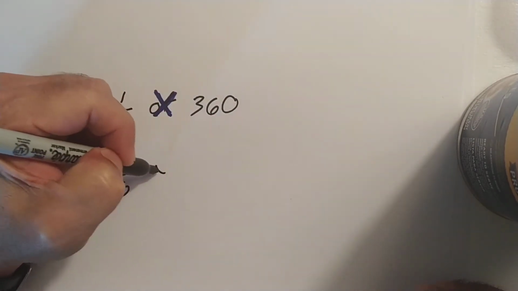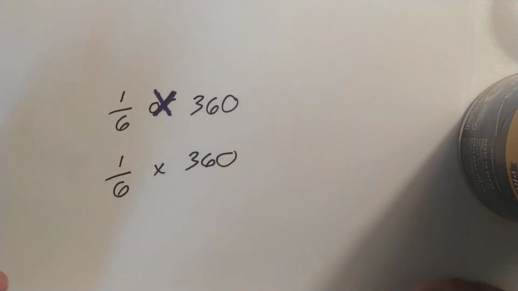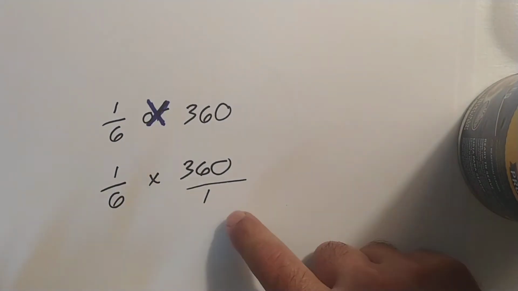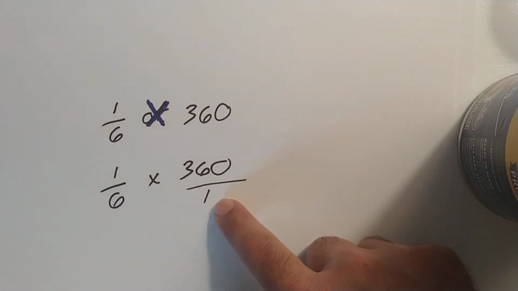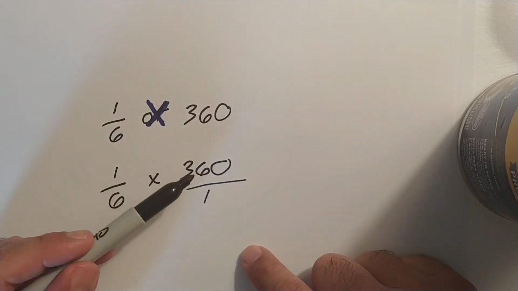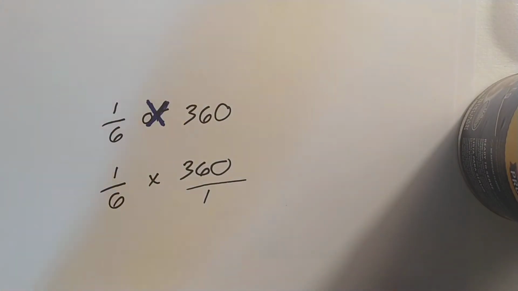1/6 times 360. Well, 360 is the same as 360 over 1. Any number, if you want to turn it into a fraction, you can just put it over 1. So we're making 360 our numerator, just put a 1 as a denominator, and then we just multiply across.